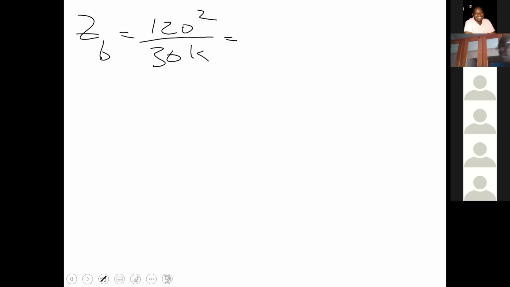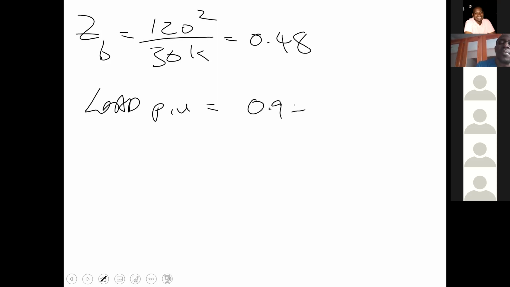All right? But that gives us 0.48. So the per unit for my load, we'd have, what was it again? 0.9 plus j0.2 divided by 0.48.